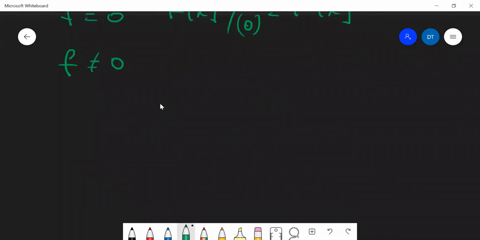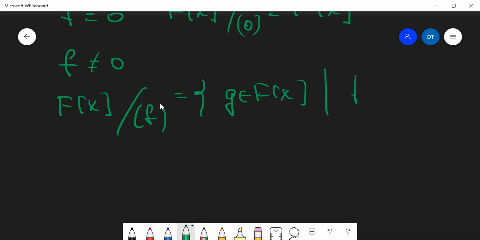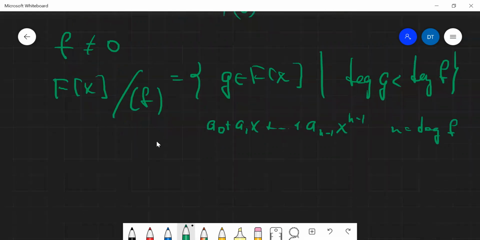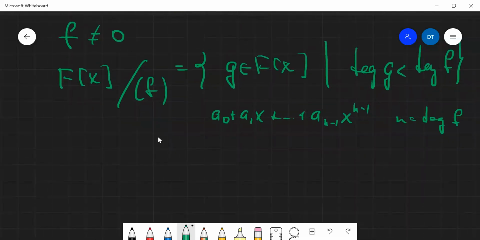As a set, F[x] modulo f is the set of all polynomials of degree strictly smaller than the degree of f. So this is our set. If f has degree n, then here we have a0 plus a1x plus and so on, plus a_{n-1}x to the power of n minus 1, where n is equal to the degree of f. So this is how this set looks.